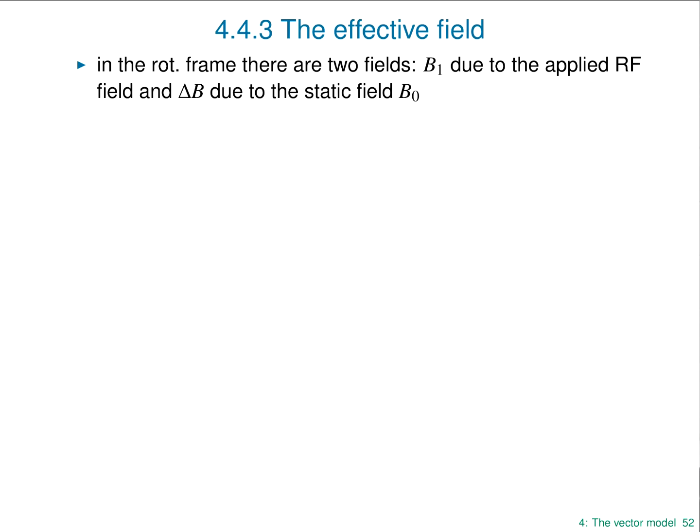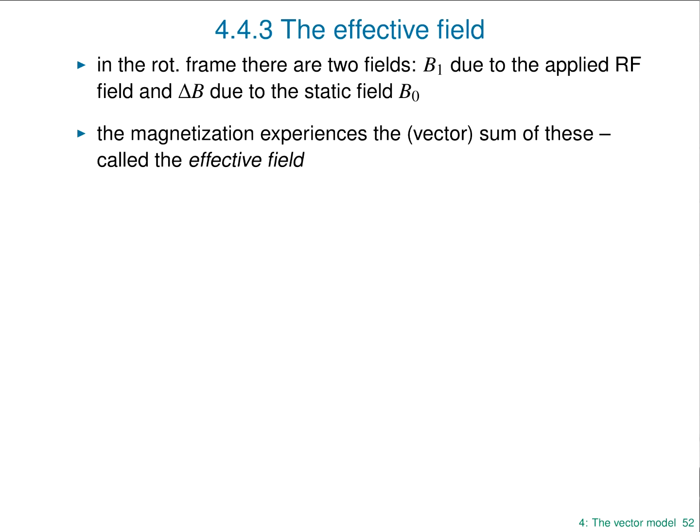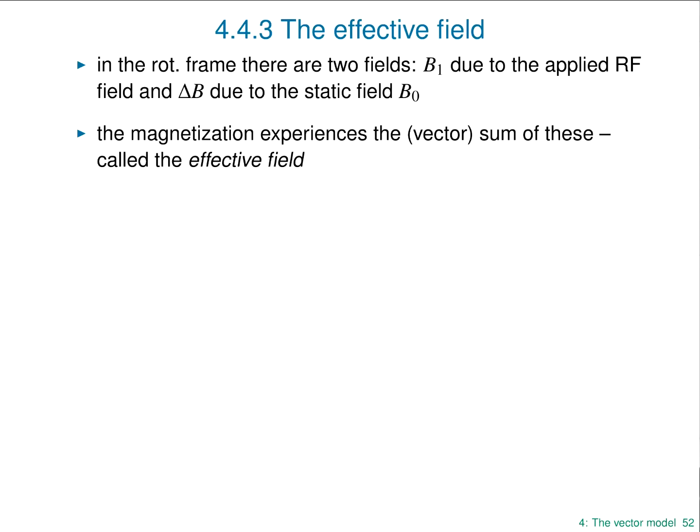Then we've got this other field in the rotating frame, delta B, and that's the reduced field due to looking at the Larmor precession in the rotating frame. And what the spins experience is the vector sum of these two fields. So you've got one along Z, which is delta B, one along X, which is B1, and the spins experience the vector sum of these, which is called the effective field.